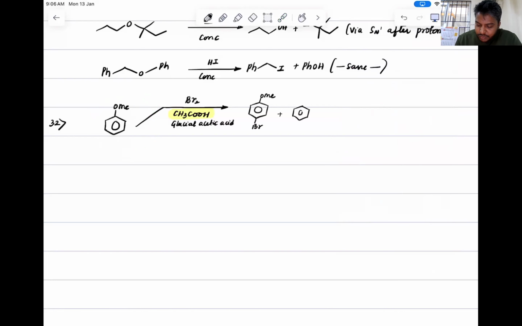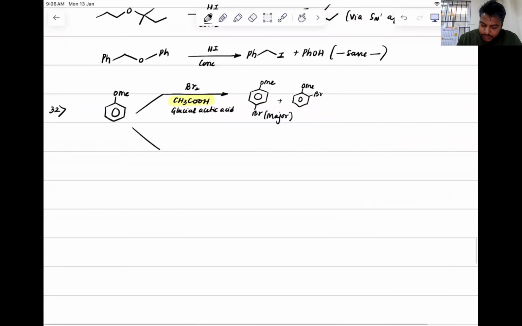Both would come, ortho and para product, OMe and Br here, and this will be major product. Next one. In case I treat with CH3Cl in the presence of AlCl3, you will get again ortho and para product, and this is major, and this is also Friedel-Crafts reaction.